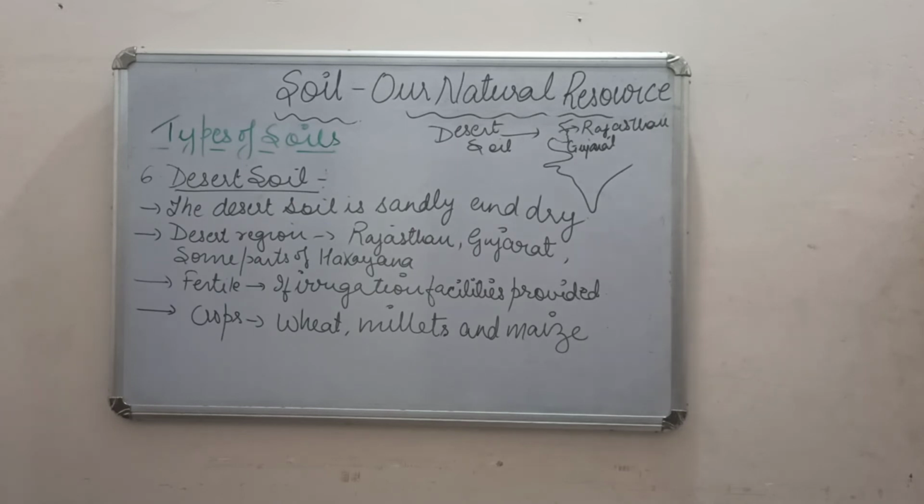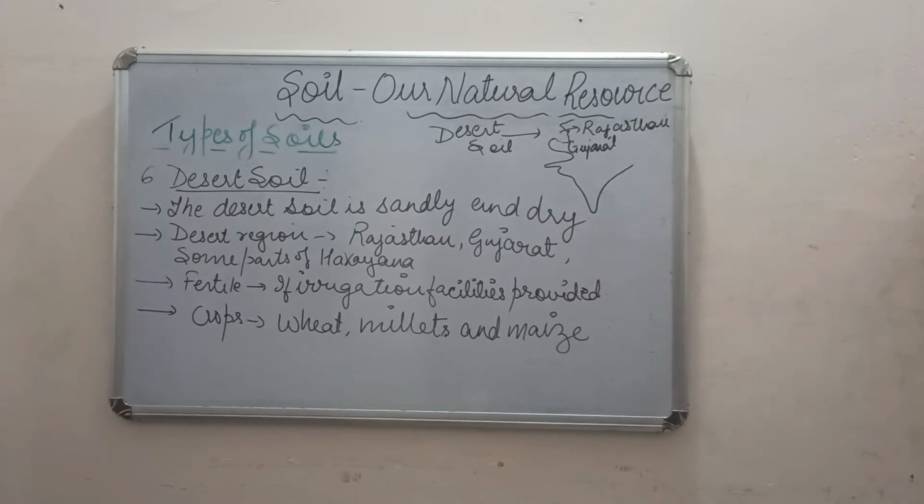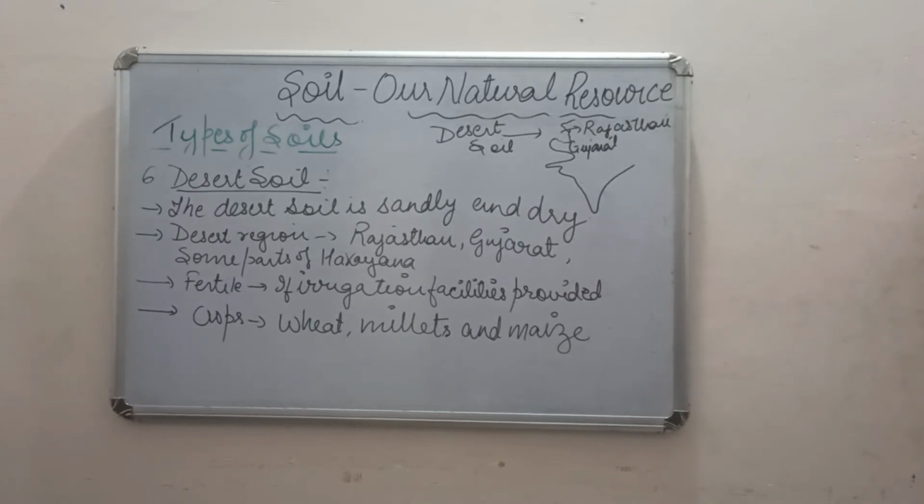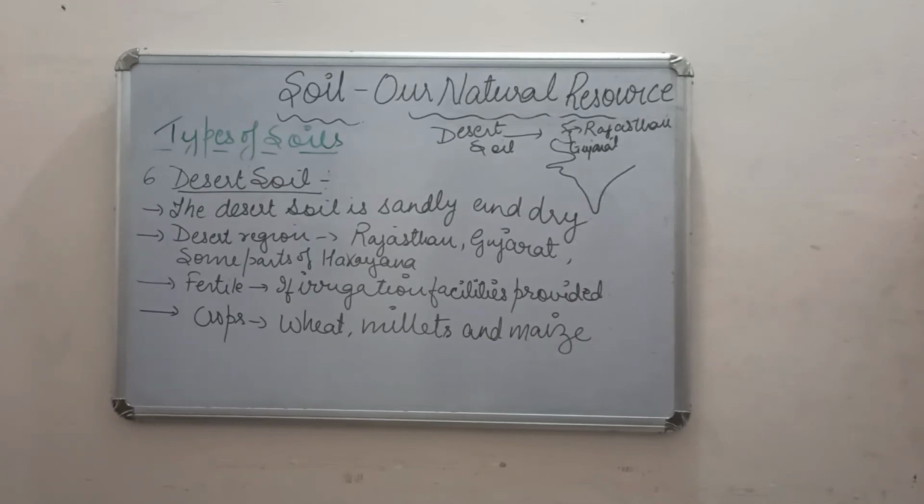So our next soil is the desert soil. When we talk about the desert soil, where is it found? It is sandy or dry soil. We know it very well that it is found in the desert region.